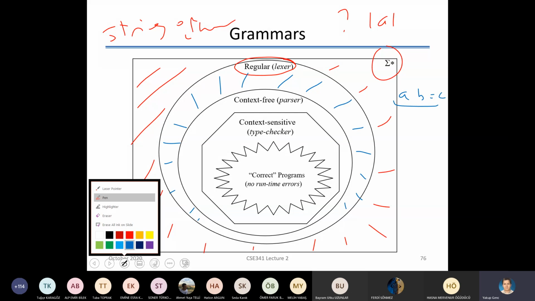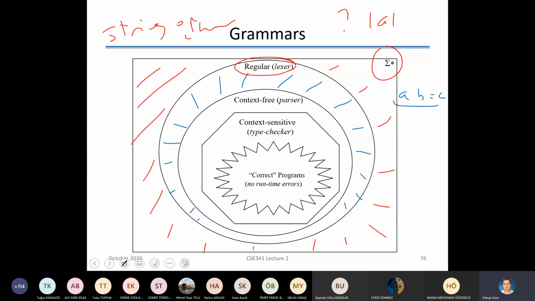The remaining ones will be part of the context-sensitive grammar. This is the type checker, for example. As I said, we don't usually use context-sensitive grammars for this, but you can think of type checkers as part of context-sensitive grammars.